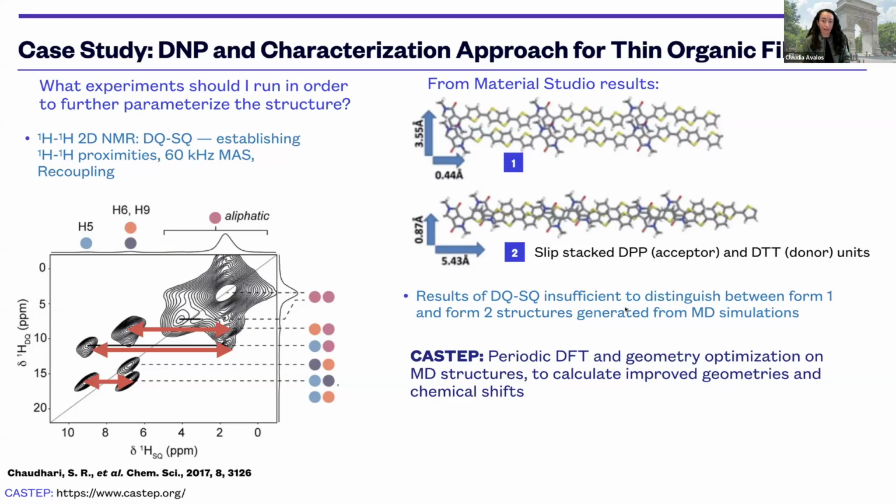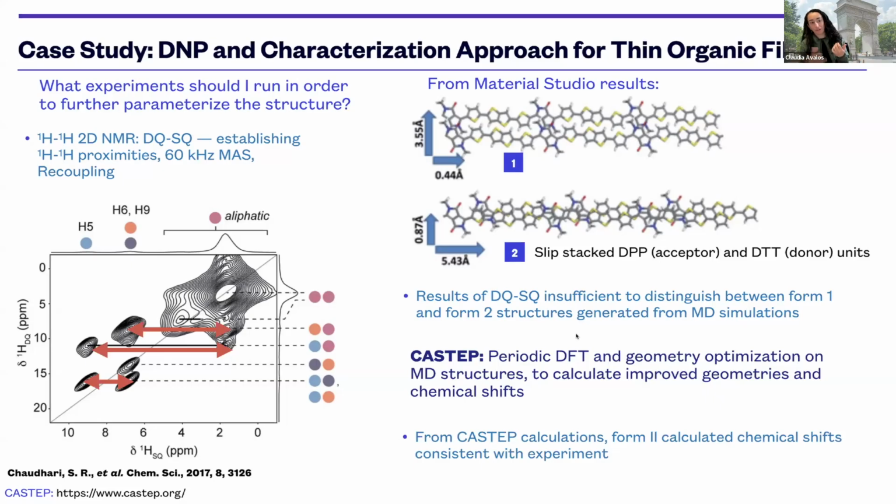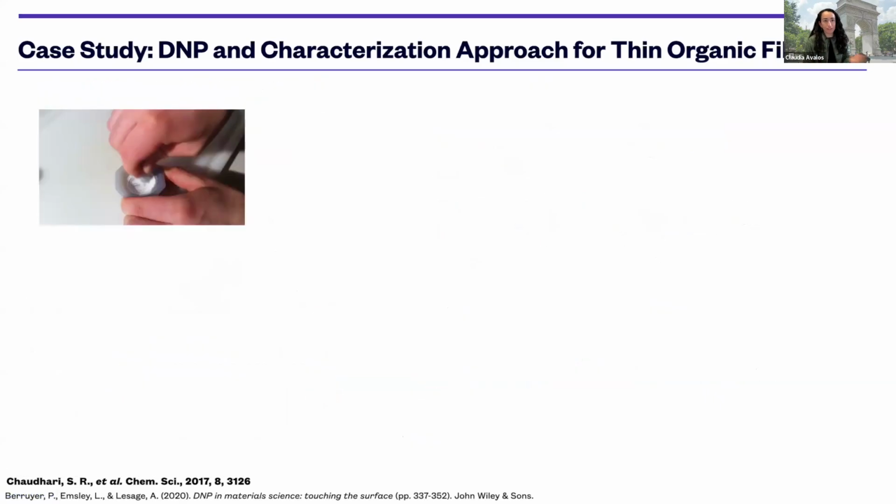You can get it installed reasonably easily on a cluster, and you can calculate improved geometries that way. When they did that, they saw that form 2, based on where the hydrogen nuclei are with respect to one another in this newly calculated structure, and also the chemical shifts, is now consistent with experiments. So this is the procedure that's taken.